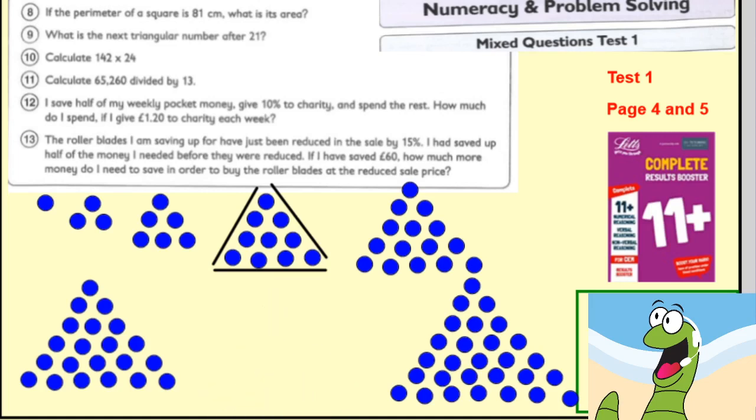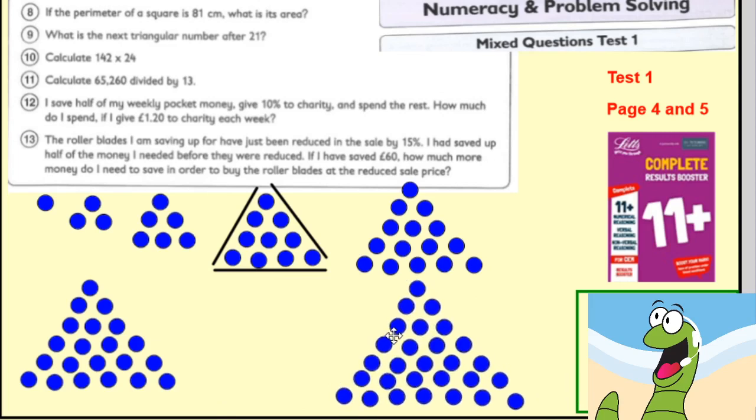Oh, I seem to have 2 of that there. Okay, and me trying to be clever. 1, 2, 3, 4, 5, 6, 7, 8, 9, 10, 11, 12, 13, 14, 15, 16, 17, 18, 19, 20, 21, 22, 23, 24, 25, 26, 27, 28. So the next triangular number would be 28. Okay. Next triangular number, the answer is 28. Fantastic.